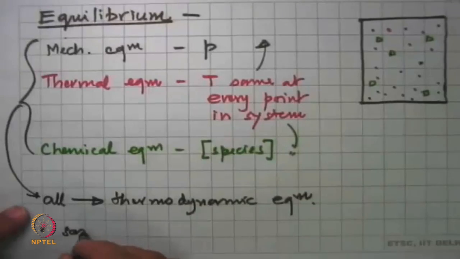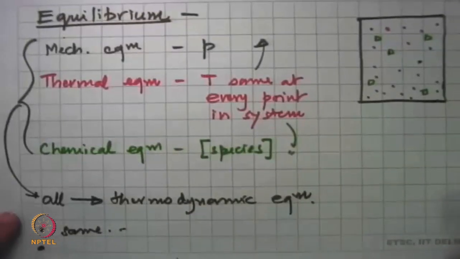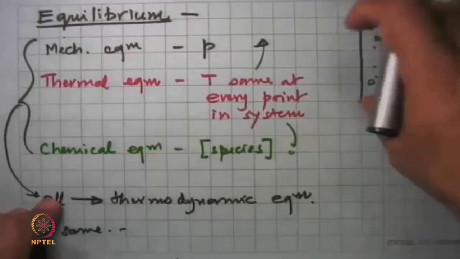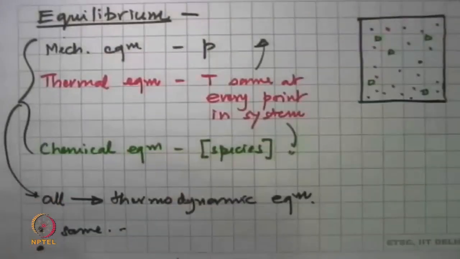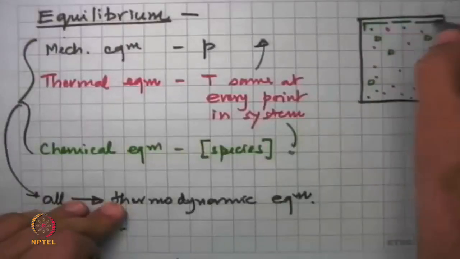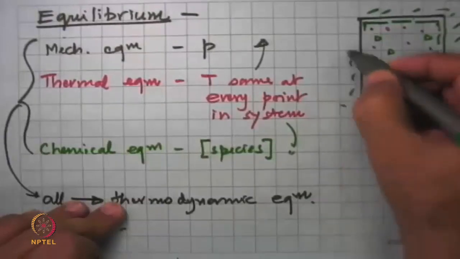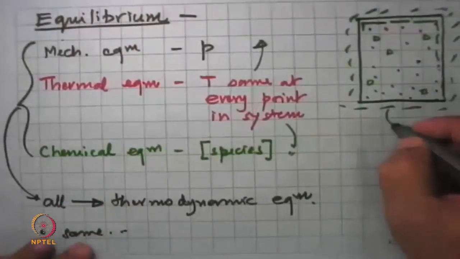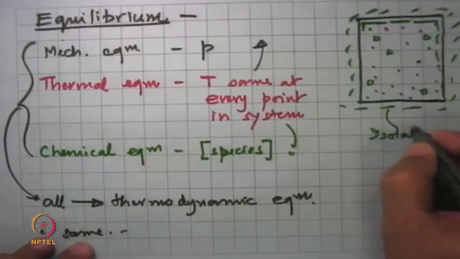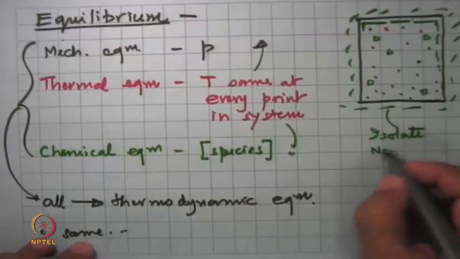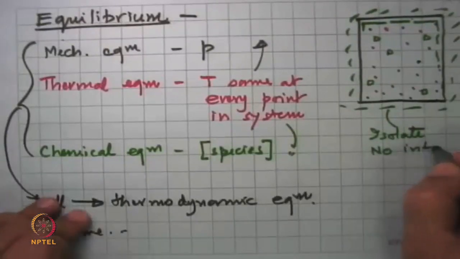The second argument, and a definition, is that if I take a system and for that instant we isolate it, this is the system boundary, and I have now isolated this. Isolate means there is no interaction with the surroundings.